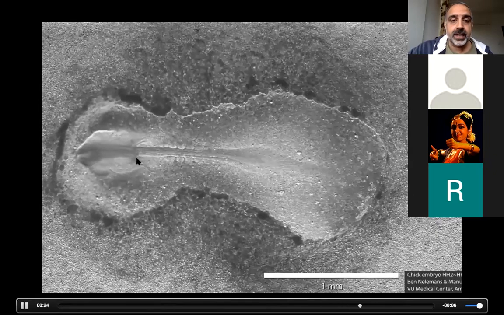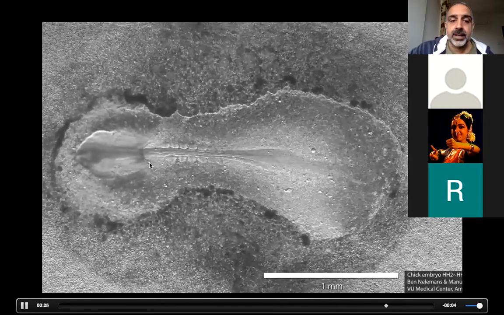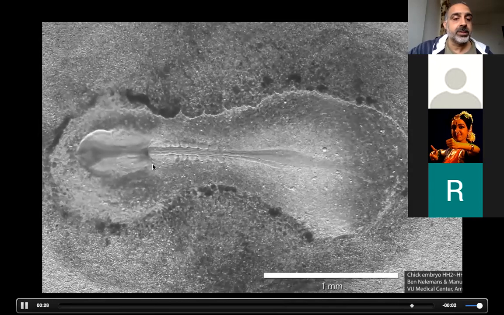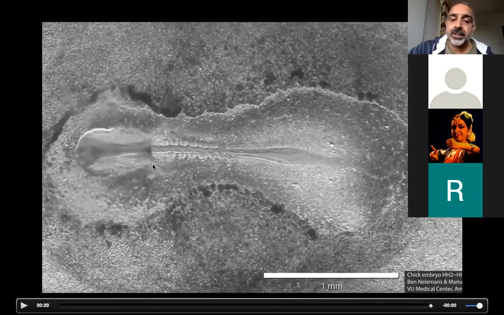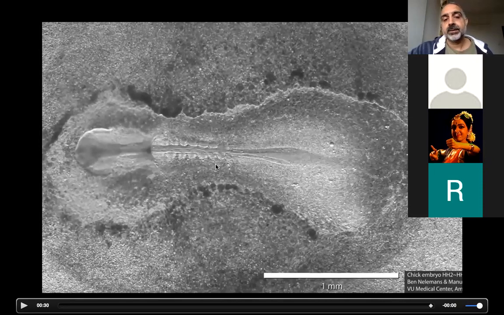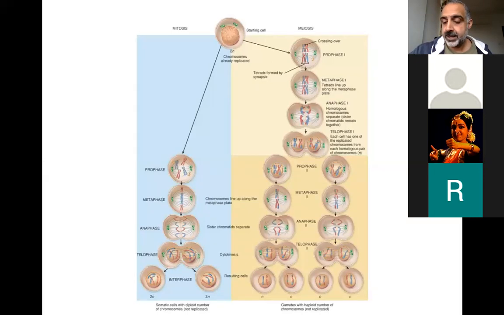You can see here the heart starting to form. So all of these behaviors are being exhibited by individual cells, but they're all being coordinated so that no one cell is doing something that another cell doesn't know about.